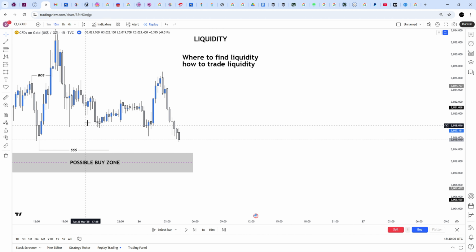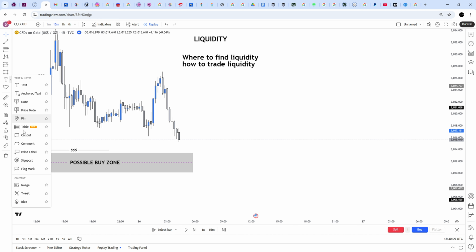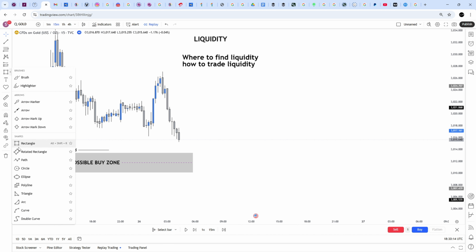So we can see that the market has been moving, creating higher highs. Let me see how I can explain this very well so that you guys can understand this.